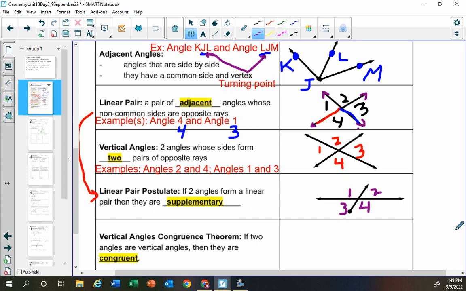So no matter what. I know that was a little crooked, but it still works. Like for instance, 1 and 2, they're gonna form that straight line angle. Or 1 and 3, they'll form the straight line. 2 and 4, 3 and 4. So that would be your example.